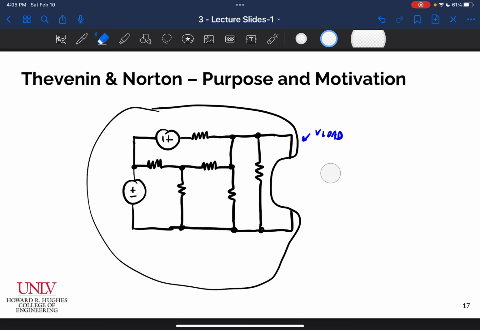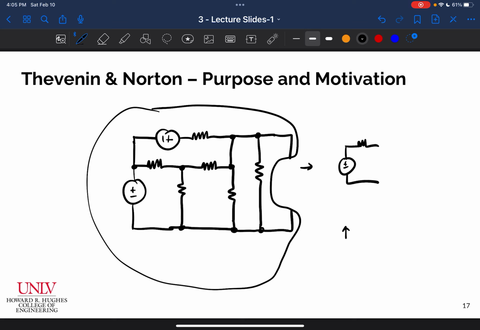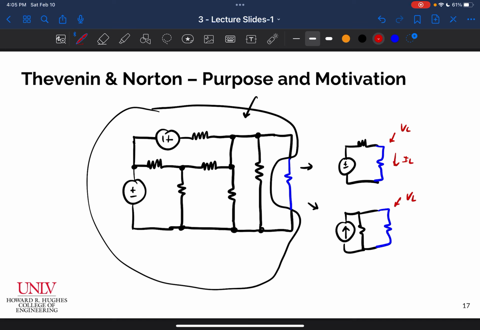I can remove my load from the circuit, and I can determine an equivalent Thevenin circuit and an equivalent Norton circuit that would behave exactly the same way as this entire lump of elements. And then I could connect that load that I took out here, and I would get the exact same V load and I load in both cases.